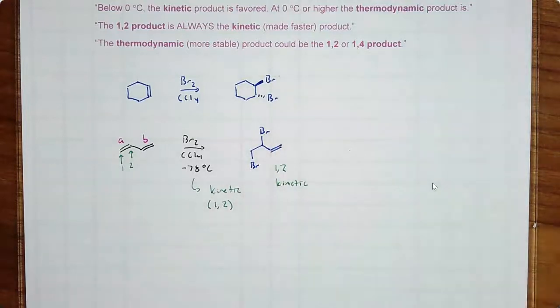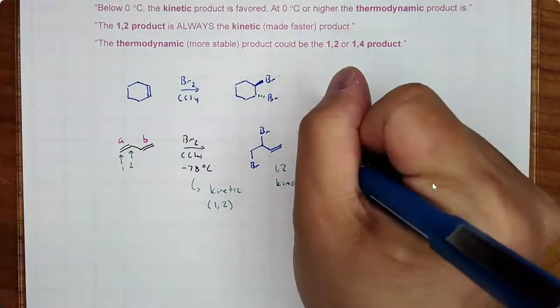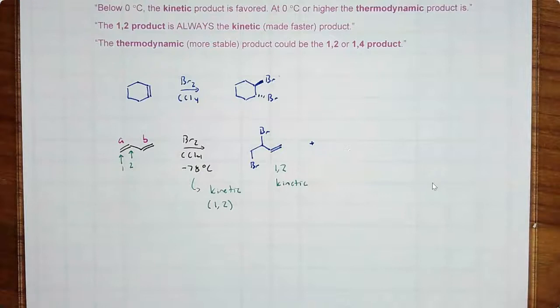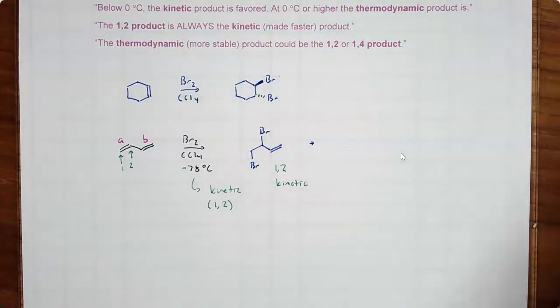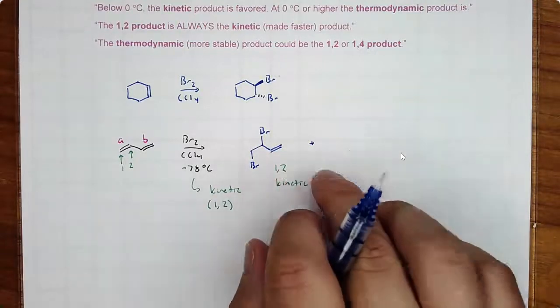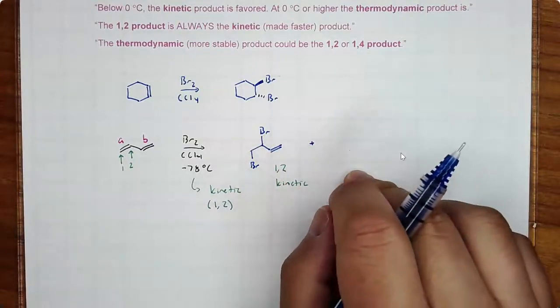Now, how do you draw the 1,4 product? I don't know if it's the thermodynamic or kinetic, but I do know that I have a 1,2, and I should have a 1,4 product as well.